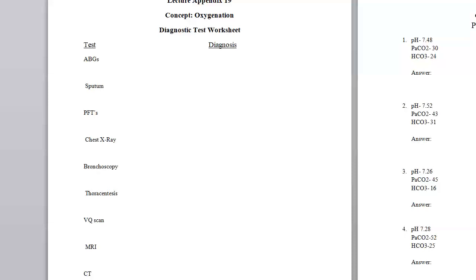And then, of course, MRIs and CTs, they both can show cancer, pneumothoraxes, looking at the structures, tumors, things like that.